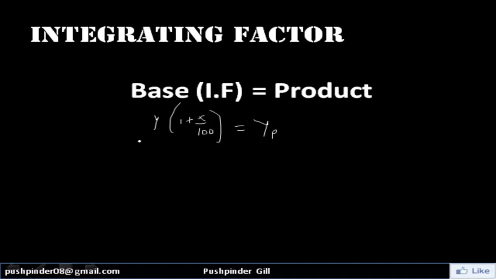This is the base, this is the integrating factor, and this is the product. Why have I named it base? Because percentage increase means something is increasing, and that something is your base, and whatever comes out is your product, right? So what if I give you the integrating factor and the product, and I ask you to find the base?